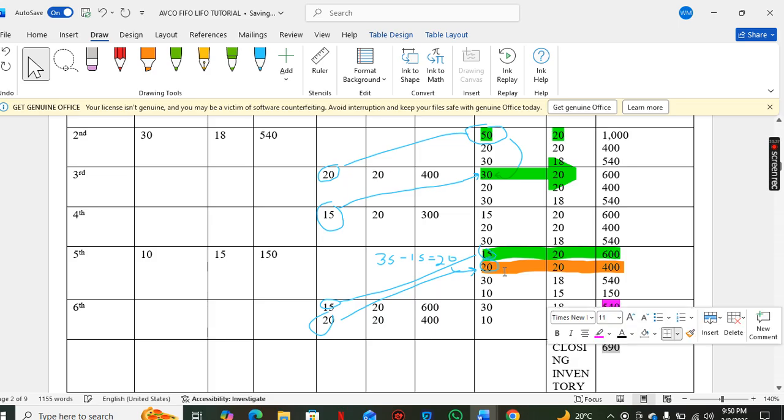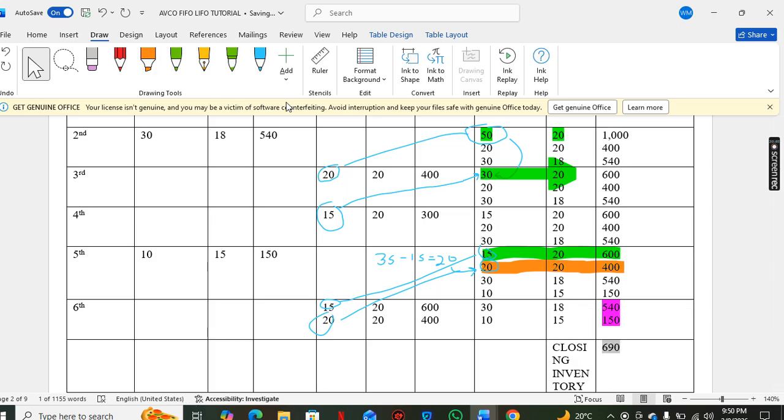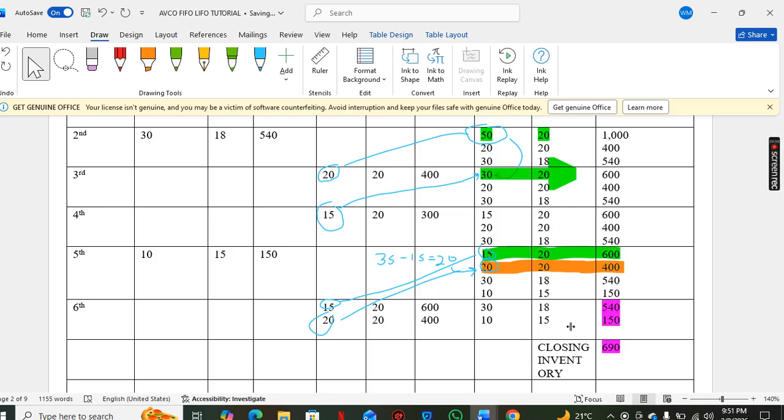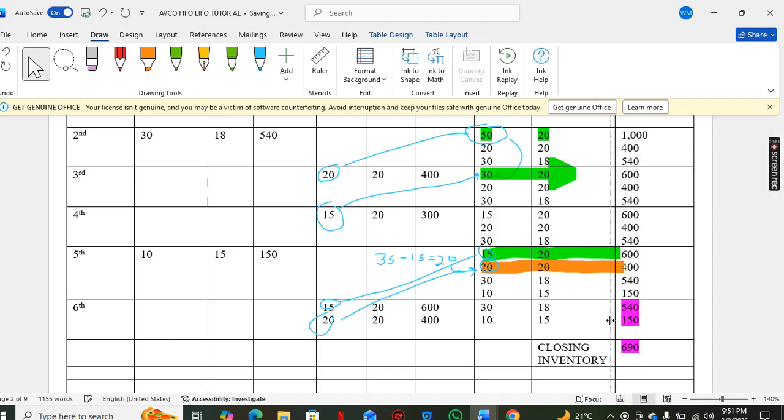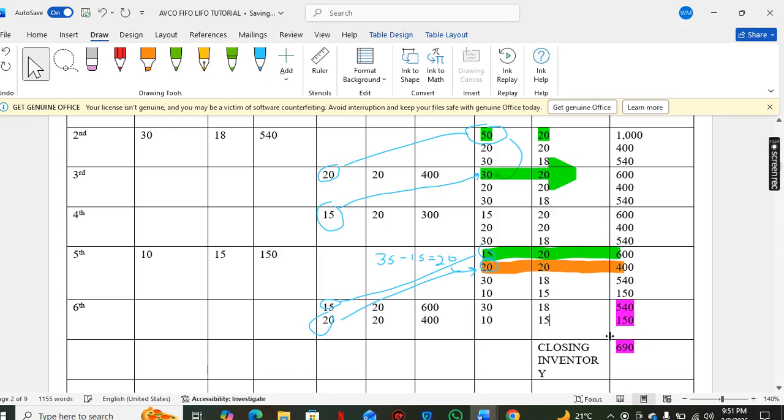So that's the value of closing inventory, which usually in financial statements you're going to see under additional information when they tell you closing inventory. This is where this closing inventory comes from. Any questions?